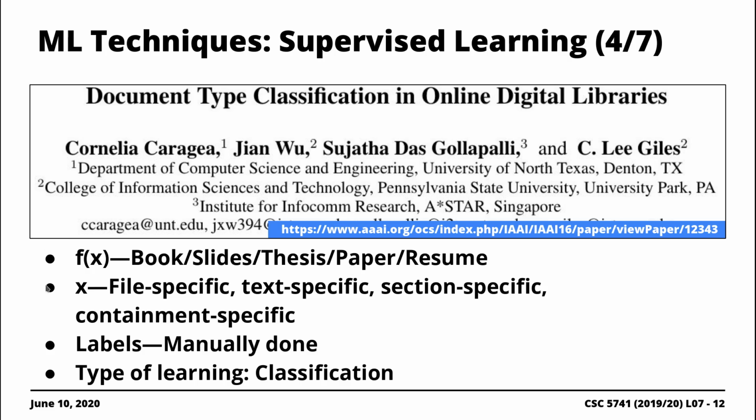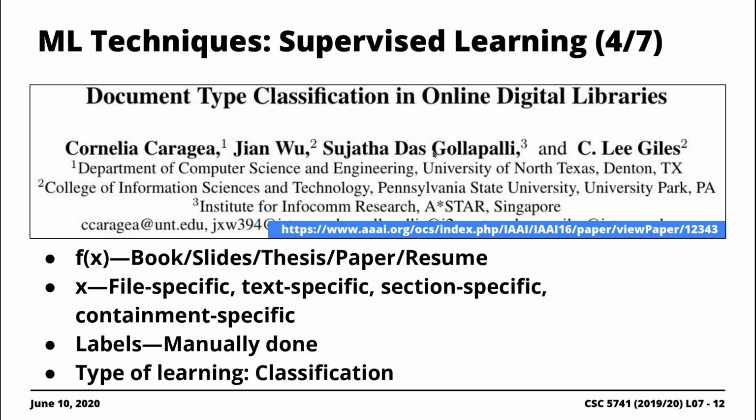And so what they did was they took a really clever approach where they identified X's or input values as being broadly clustered into file-specific attributes, text-specific attributes, and section-specific attributes. So the idea behind what they were doing is that if you look at a document, there are certain markers that you can use to determine whether that particular document is going to be a book, slides, or a resume, right?